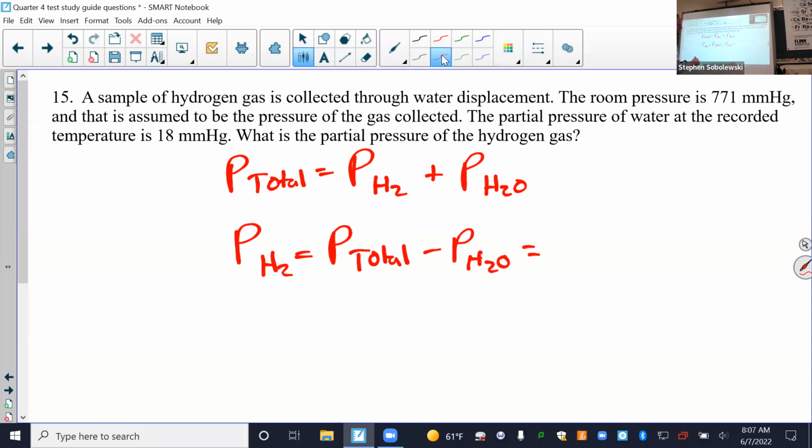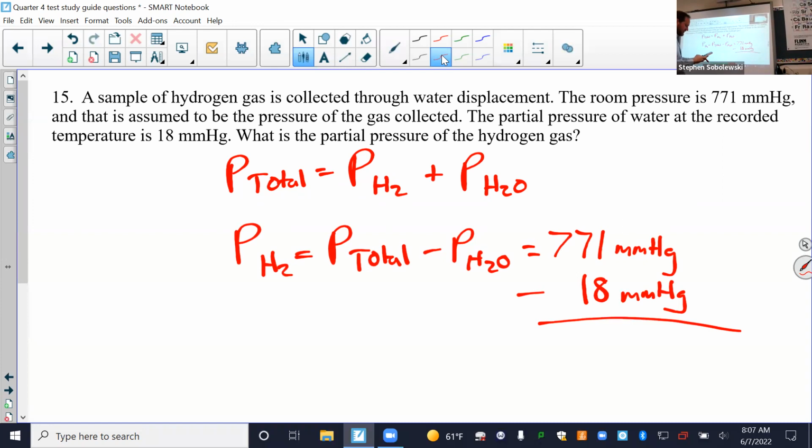The total pressure is 771. We subtract the pressure of water, which is 18. 771 minus 18, 753 mmHg. Very simple Dalton's law problem.